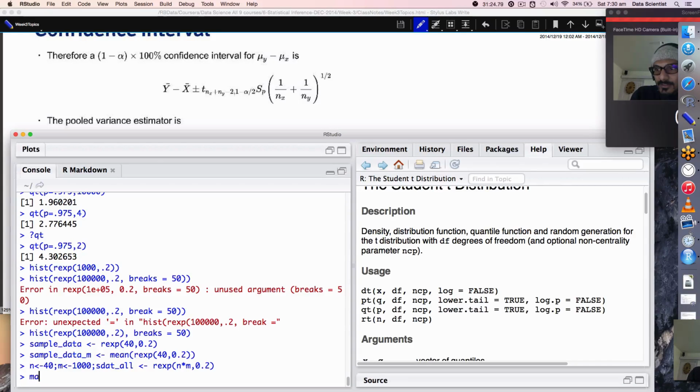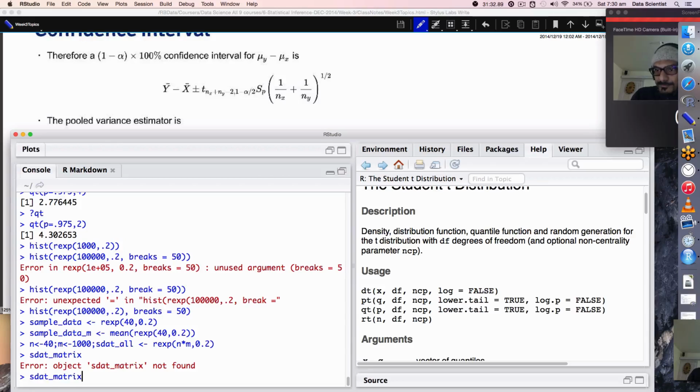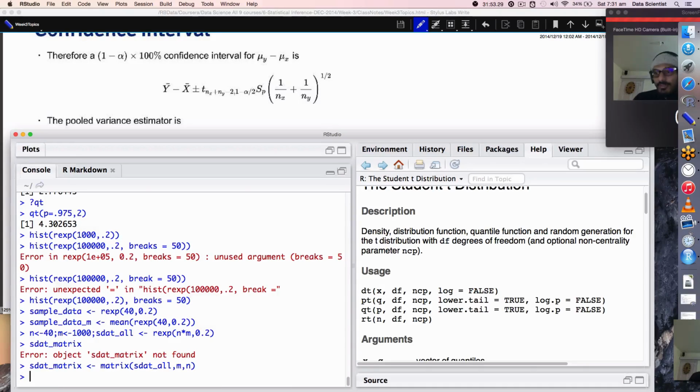I say my sample data matrix form is equal to matrix of which data? Sample data all. And how many rows am I interested in? 1,000, which means m number of rows and n number of columns. So this will convert the same data into the format of a matrix.